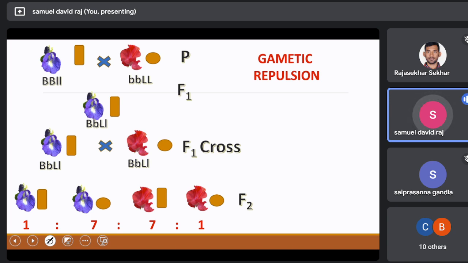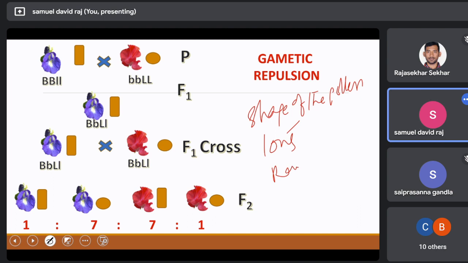And the second character that I have taken is the shape of the pollen. These pollen are of two types: one is long pollen, the other is round pollen. The long pollen is dominant and round pollen is recessive.